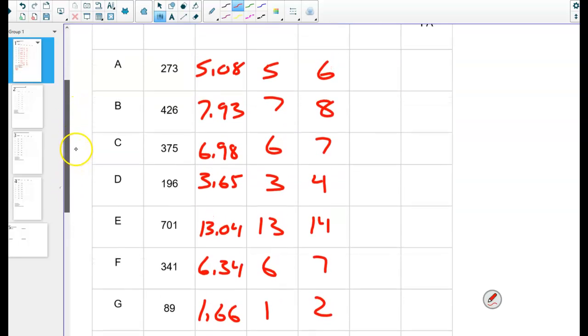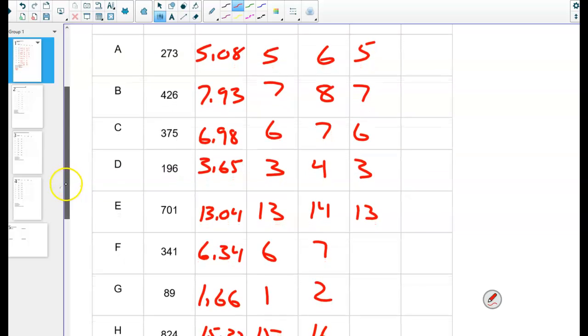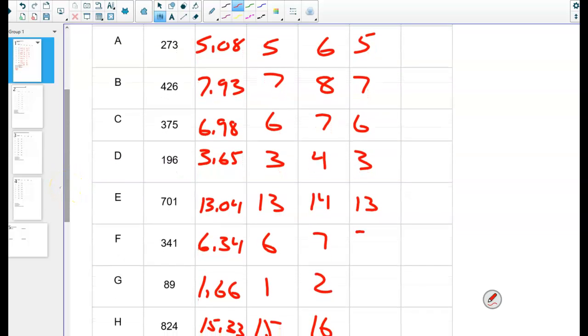Now with Hamilton method, I copy down the lower quota in my initial apportionment. So everyone gets at a minimum their lower quota. Okay. And now I need to give away the votes.